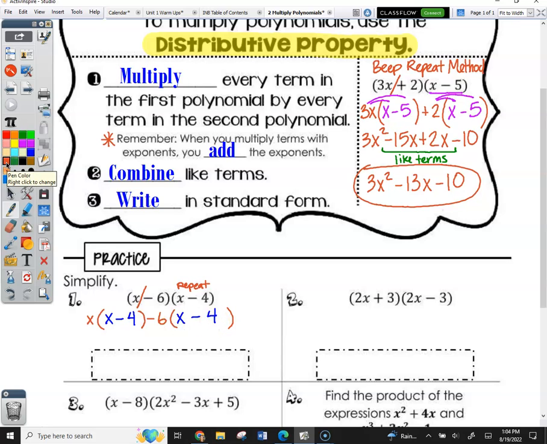It goes in the beep. And now you distribute. So x times x minus 4 is x squared minus 4x, right? Negative 6 times x, negative 6 times negative 4, then don't forget to combine your terms in the middle.